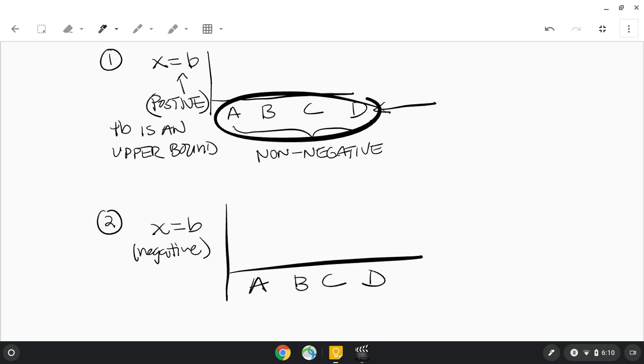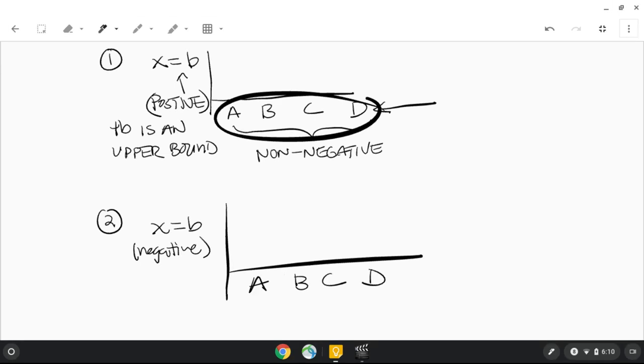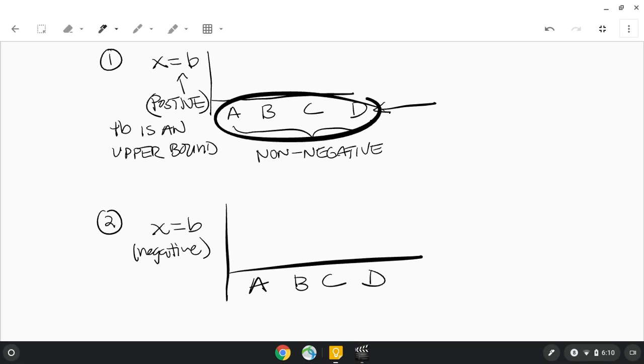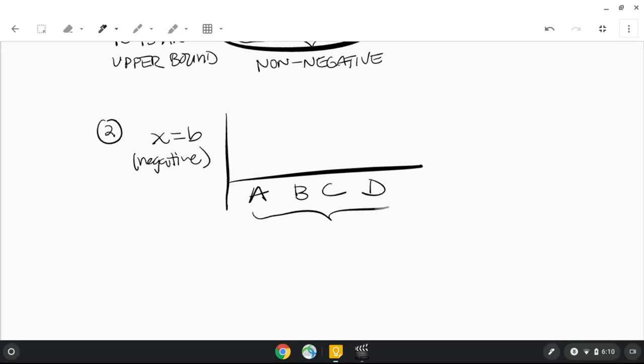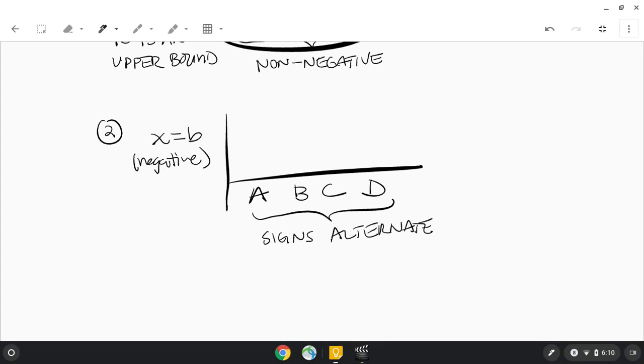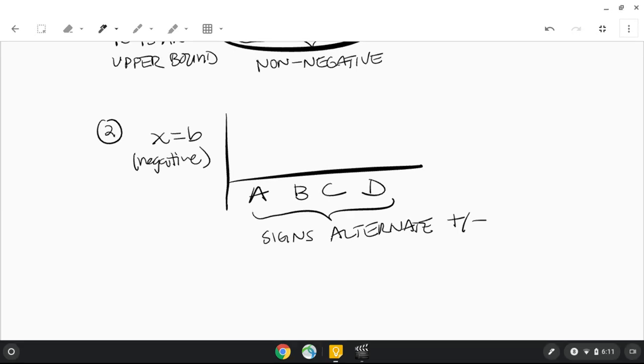So here it turns out that if the signs alternate, positive, negative, then this b value over here is a lower bound, which means you don't have to try any numbers that are smaller than this.